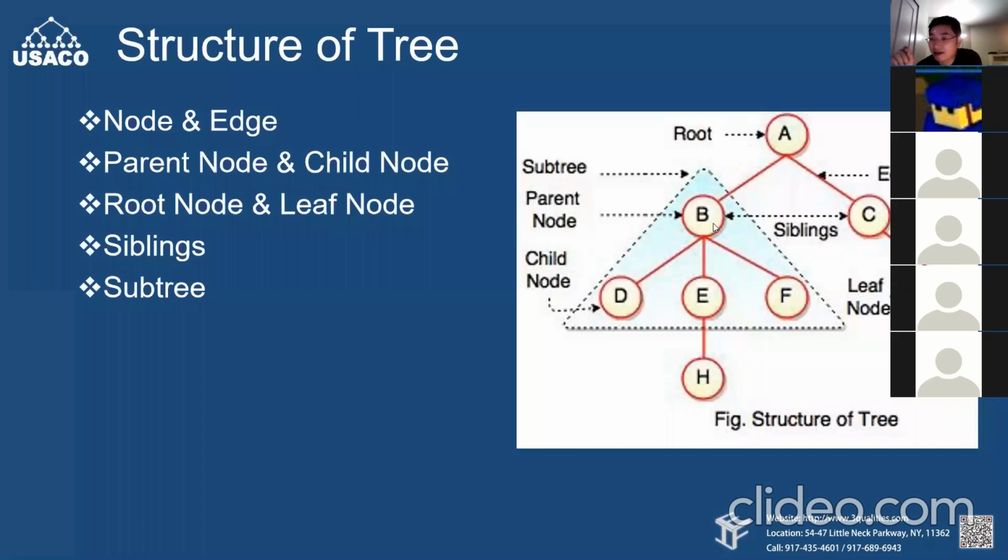Which means that's the end. What does end mean? It means it doesn't have any child node. Okay, clear? So for those nodes in a tree who don't have child nodes, we call them leaf nodes.